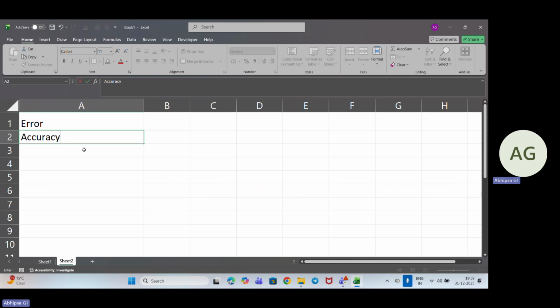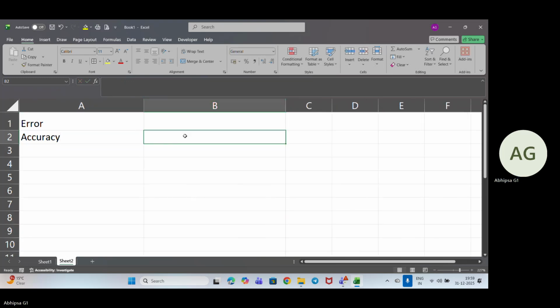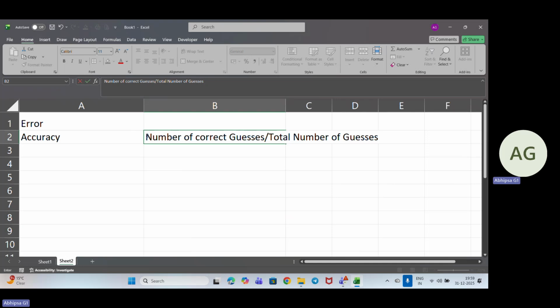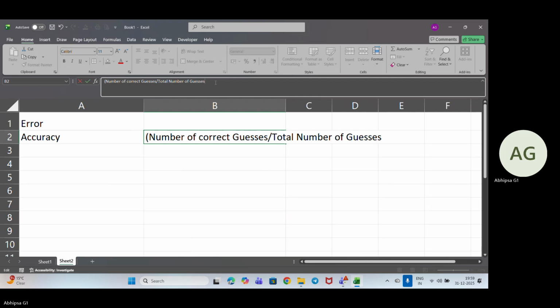There is a formula to find it: number of correct guesses divided by total number of guesses, multiplied by 100.